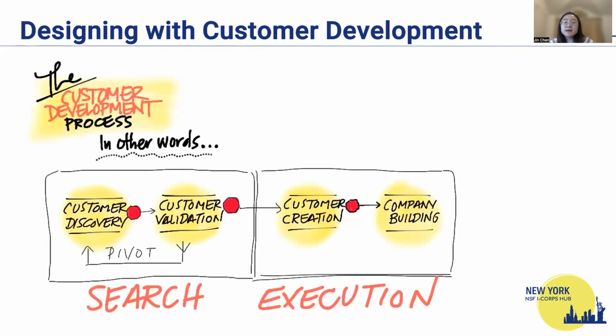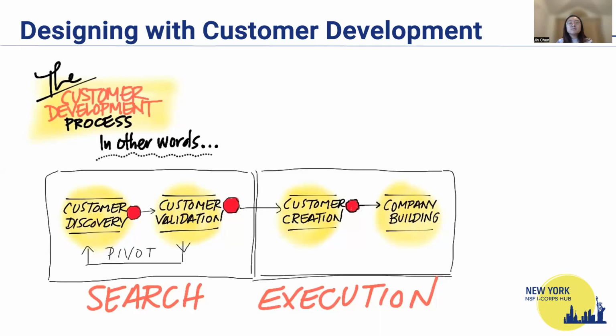So let's look at that in the customer development process that you have learned before. After the customer discovery, in which you should have discovered your target customer's pain point, the customer validation comes after to validate whether your proposed solution can effectively address the customer's issue or not. And during this validation process, you may receive customer feedback suggesting that the initially identified problem or the market segment might not be as significant as you thought.